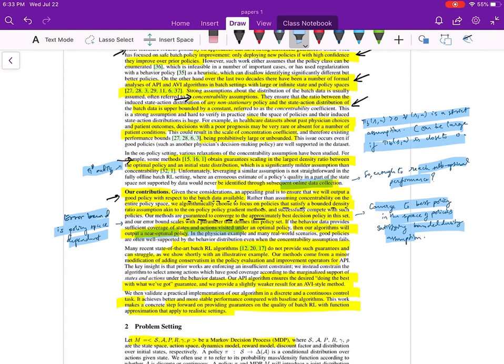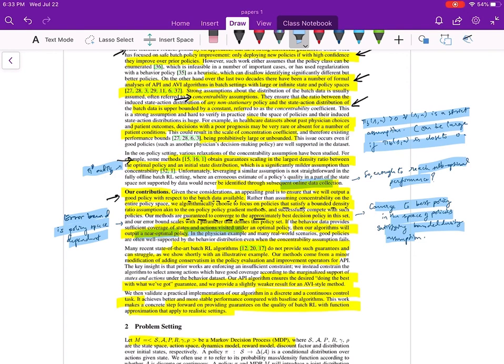If you have seen the video on the algorithm called MOReL, even there they give guarantees like this, where if you have a dataset which is rich enough, then you would get a policy closer to your optimal policy.